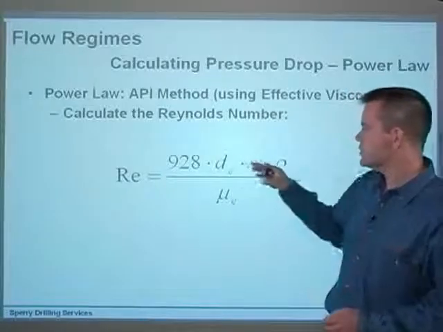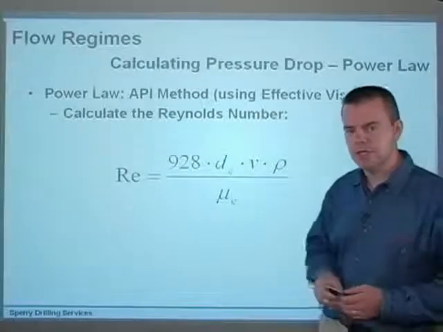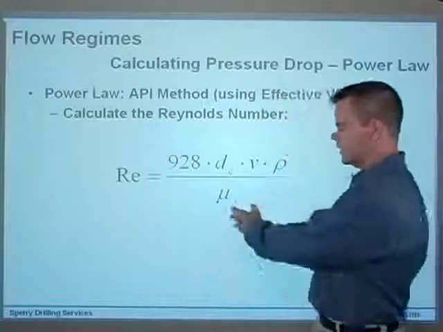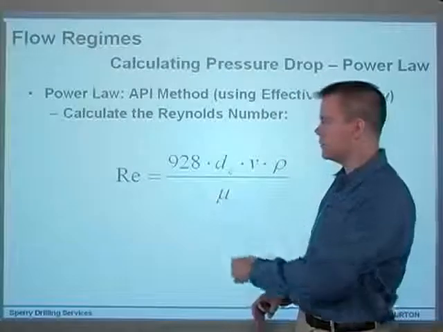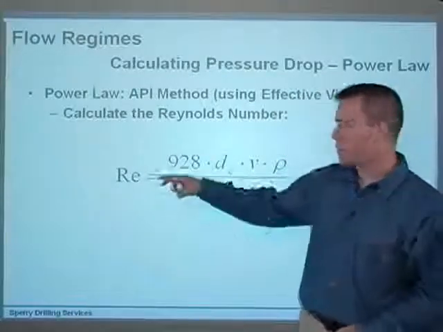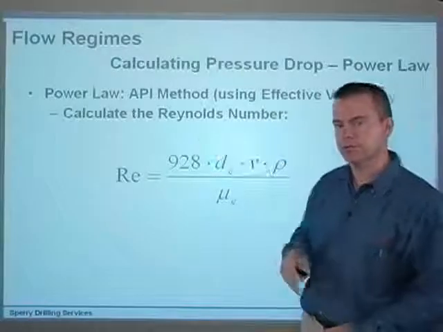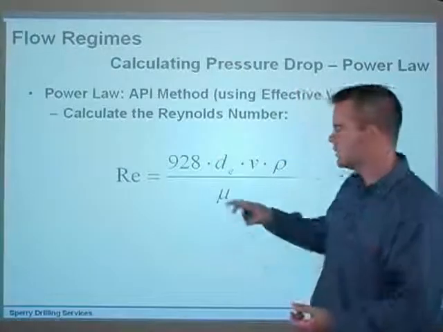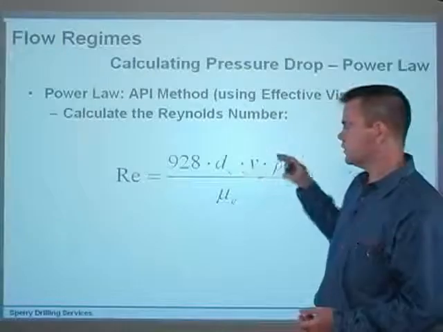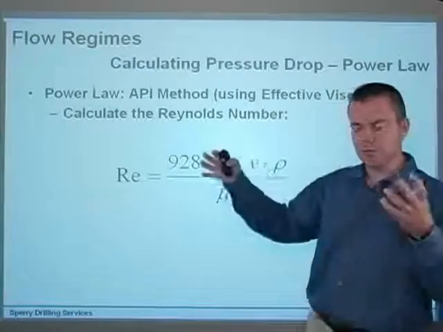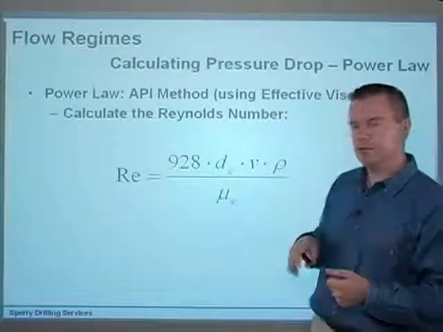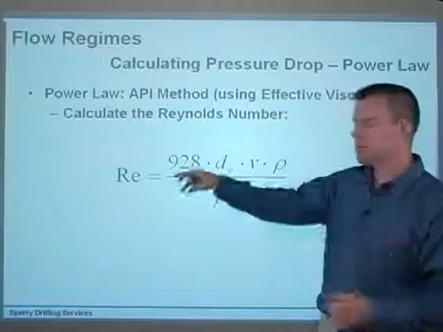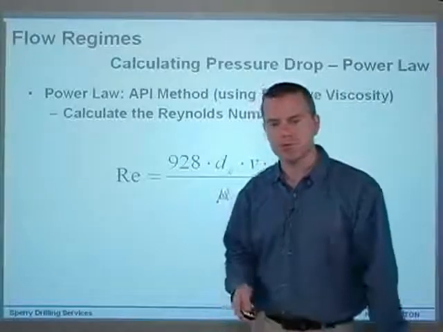So you've got geometry, fluid velocity, and density increasing the Reynolds number, and counteracting that, the viscosity holding the Reynolds number down. So the greater the viscosity, the lower the Reynolds number; the greater the density, the bigger the channel, the faster it flows, the larger the Reynolds number, and the closer to turbulence you get.